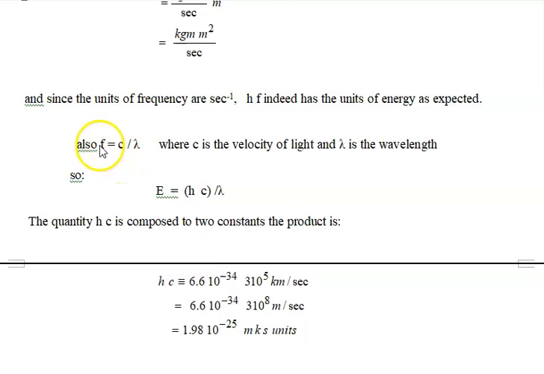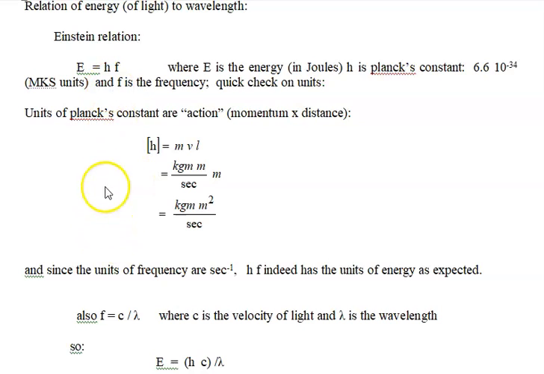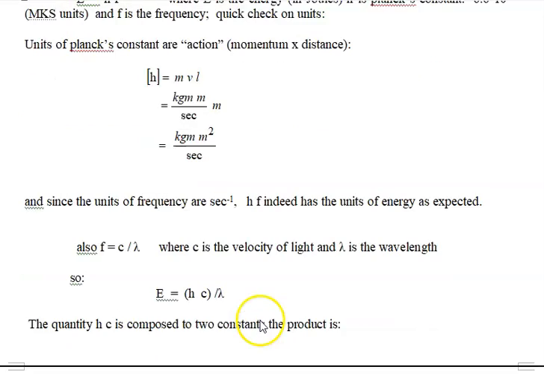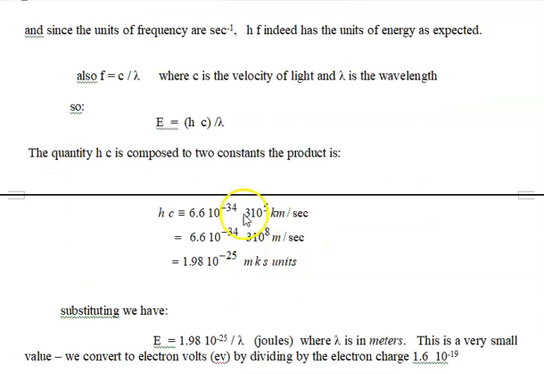Now, in the last session, I think it was session number 2, we derived this equation. Velocity is equal to distance divided by time, or frequency is equal to velocity divided by wavelength. If we substitute c divided by lambda for f in the energy, we get E equals hc divided by lambda. hc is just two constants, Planck's constant times the velocity of light.